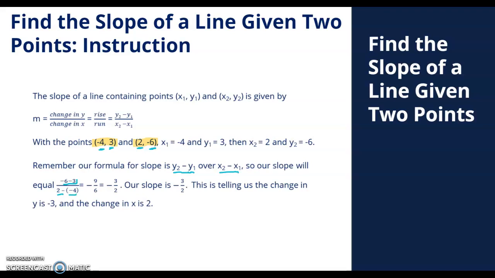Simplifying this, -6 minus 3 is equal to -9, and the denominator 2 minus -4 is equal to +6. So that gives us a slope which is equal to -9 over 6, which you can simplify as -3 over 2.